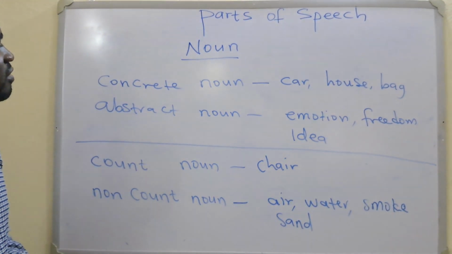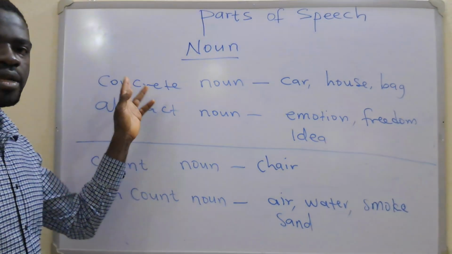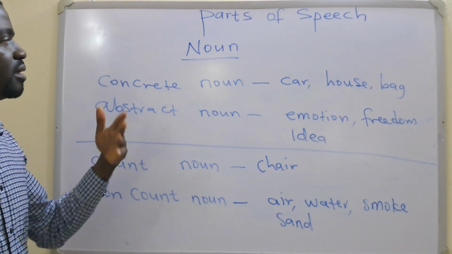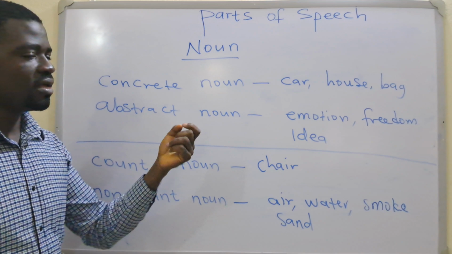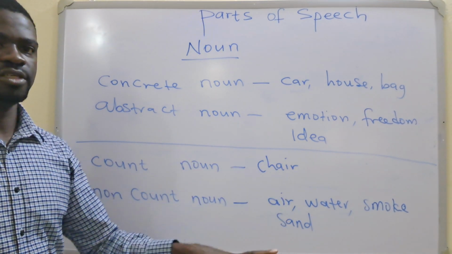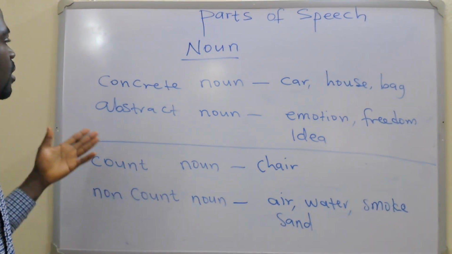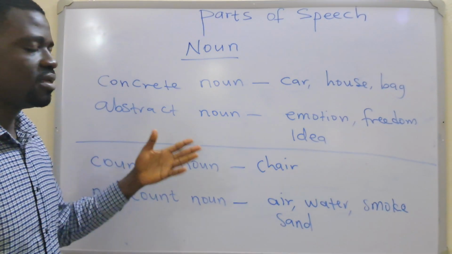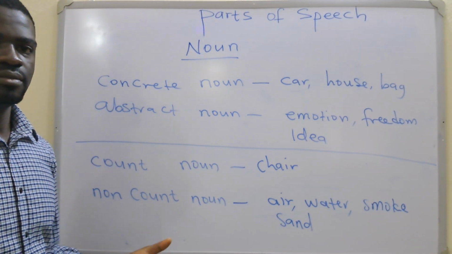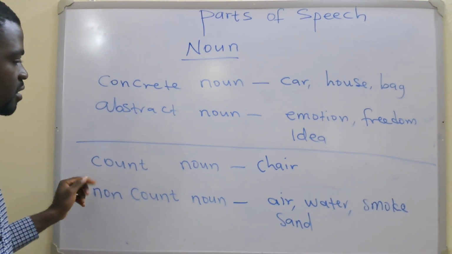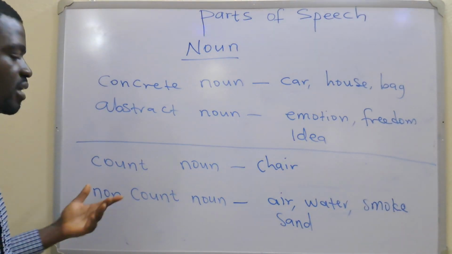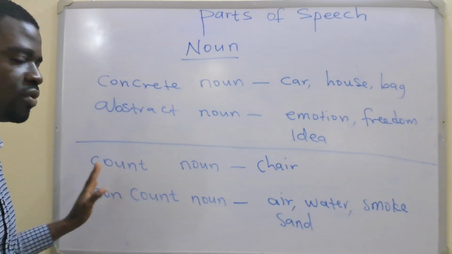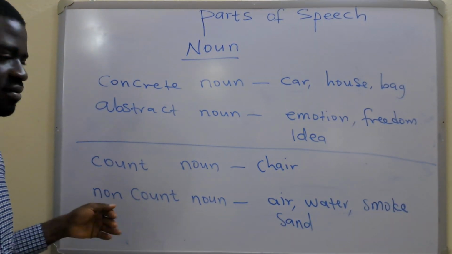And then you can also describe nouns as concrete or abstract. Your nouns can be concrete if you can touch, you can feel it, you can see it. It can be abstract if you cannot touch it or see it. Your nouns can be count or non-count, countable or uncountable nouns.